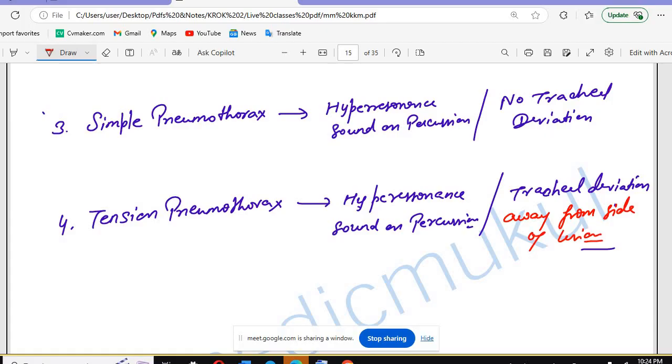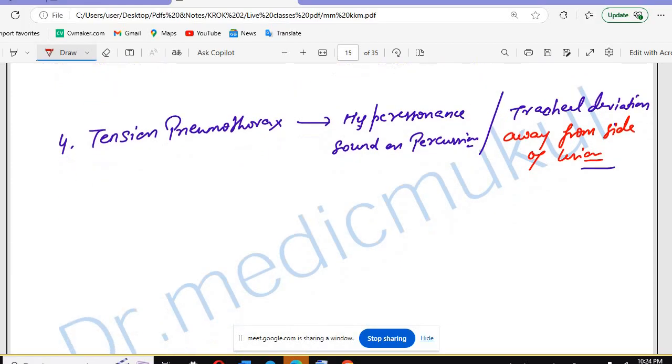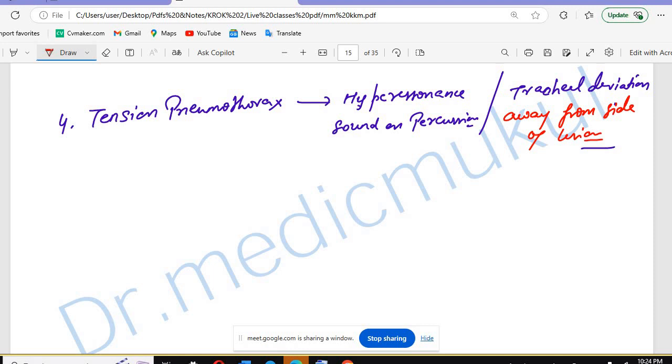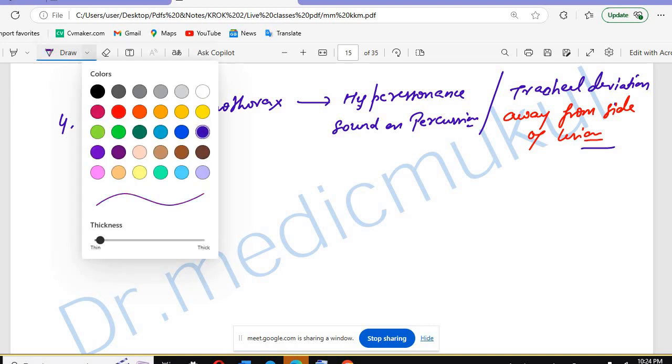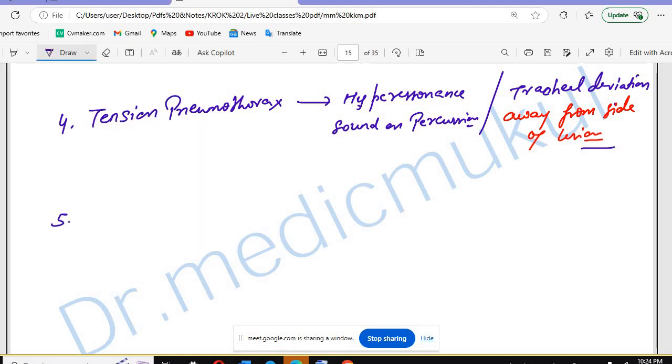There is one more thing, that is consolidation, or lobar pneumonia. Consolidation can also be seen in pulmonary edema.